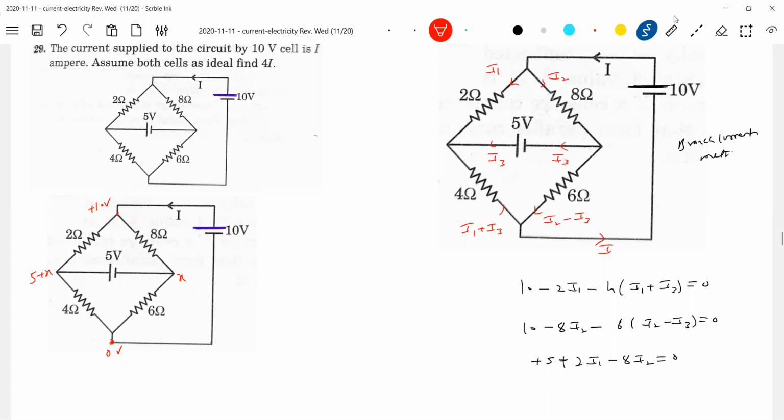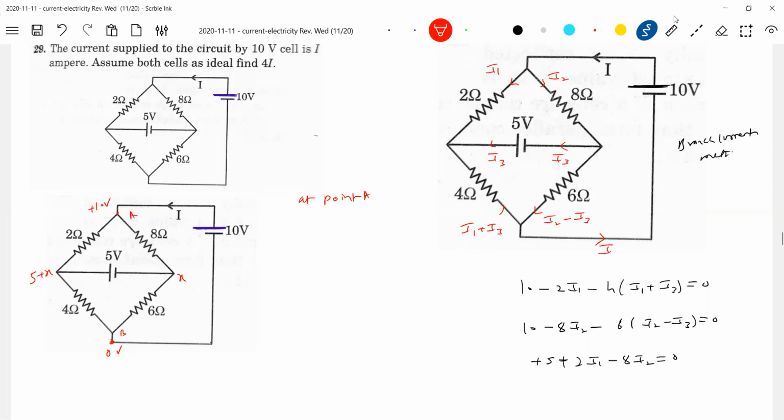Current entering a junction. There is a point A, point B. At point A. In what direction will current flow? What is the advantage of nodal analysis? Algebraic, no need of direction.